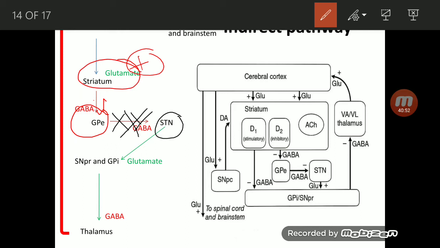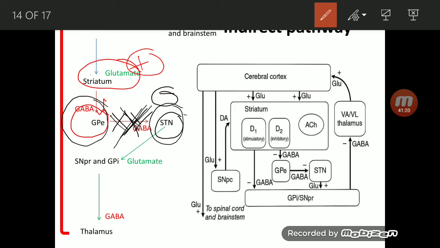Under normal condition, this GABA was inhibiting your subthalamic nucleus. But now, the striatum caused release of GABA in your globus pallidus externa, due to which GABA is not released to your subthalamic nucleus. Since subthalamic nucleus is no longer inhibited, it is free to act.